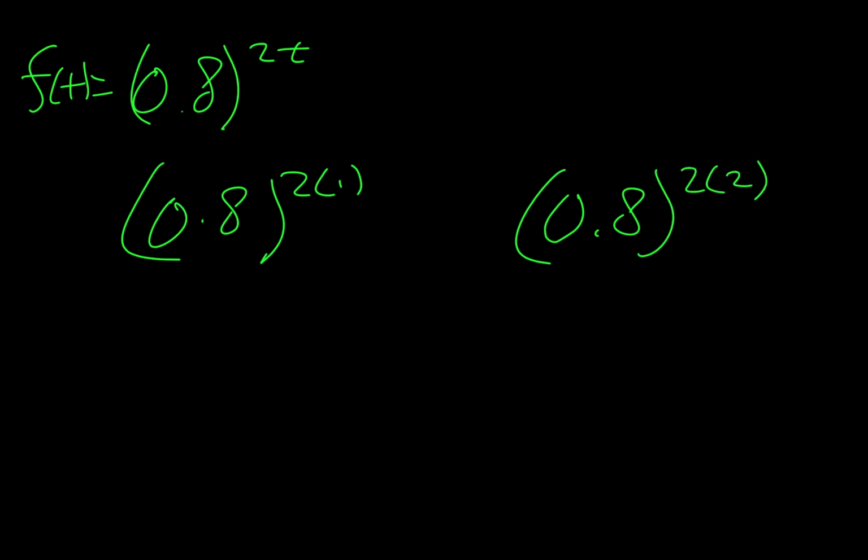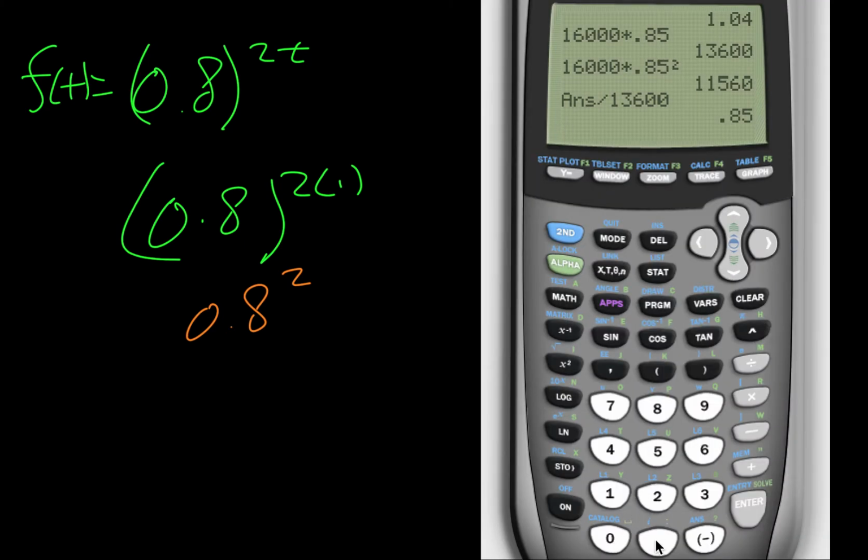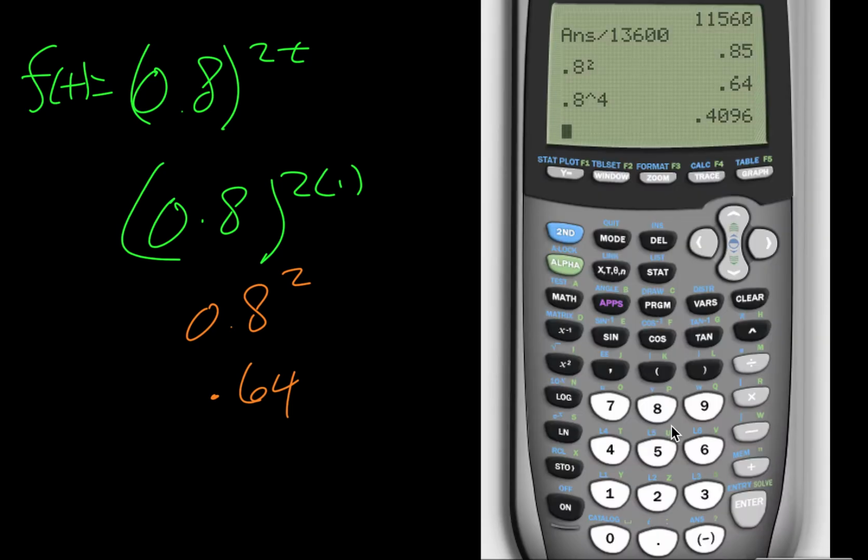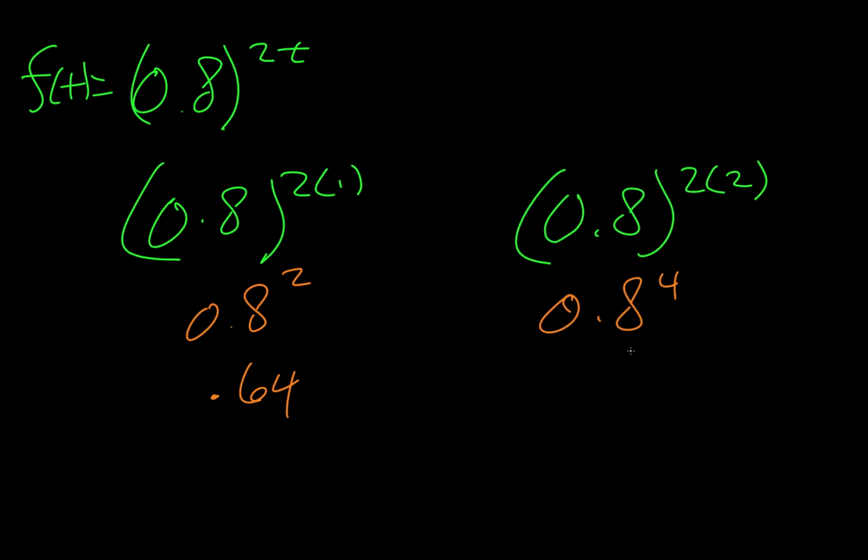Doing a little simplification, we get 0.8 squared and 0.8 to the 4th. On the calculator, we get 0.64 for this one, and the other one was 0.4096.